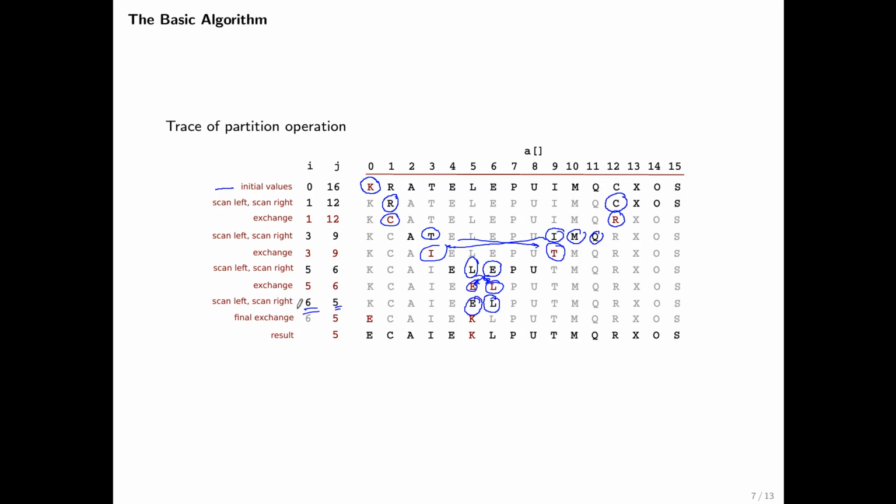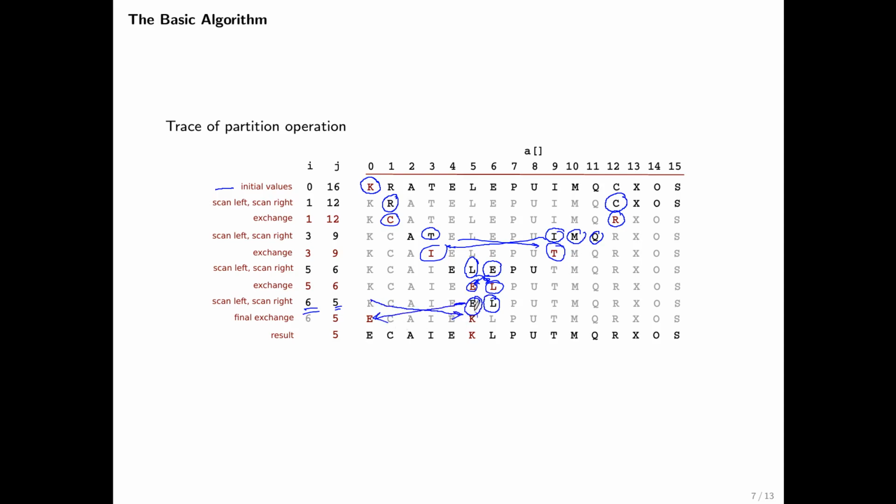So what do we do? We break out of that outer while loop and we perform the final exchange, which is to exchange the value in low, which is K, with whatever the value in j is, which was E. So the pivot, which was in low or 0 in this case, comes there, and E, which was in index 5, comes there.